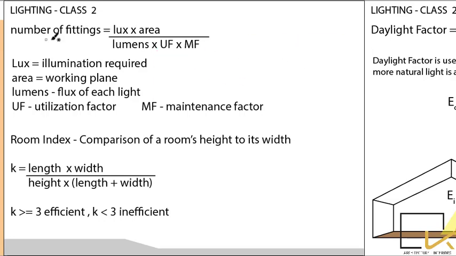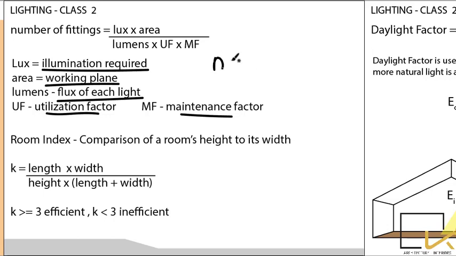So lux is the illumination required in an area, area is the working plane, lumens is the flux emitted by each light, UF is the utilization factor, and MF is the maintenance factor.